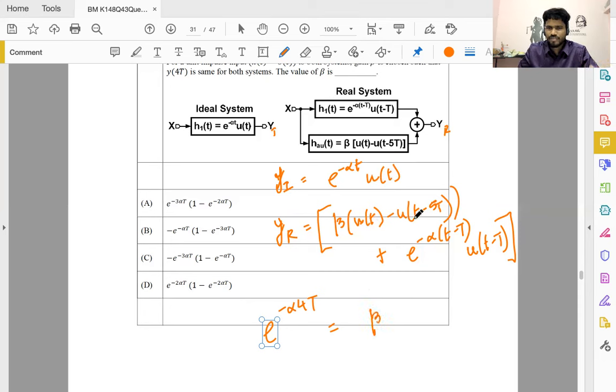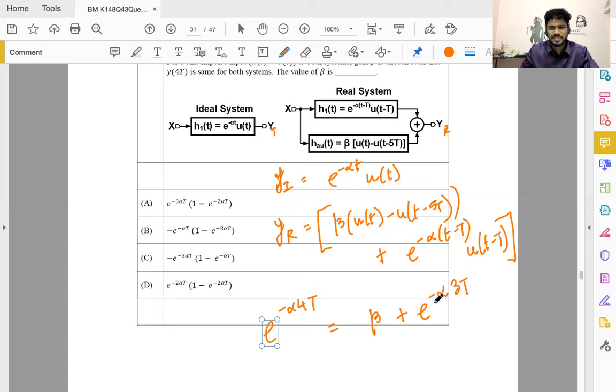U of 4t minus phi t, u of minus t is 0. That's it, I just have a beta, or I still retain that beta. E power minus 3t. Notice 4t minus t, that is u of 3t, that is still 1, that is positive. This term remains, so e power minus 3t. I think there you have it. Just rewrite it, you should get the answer.